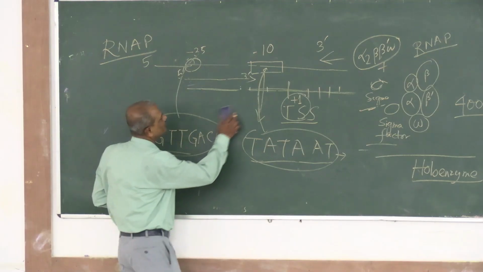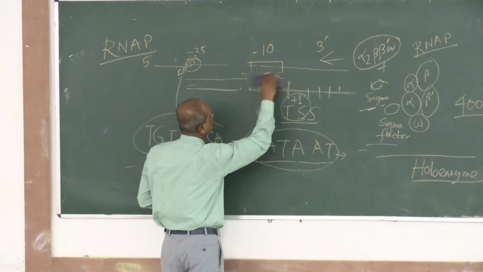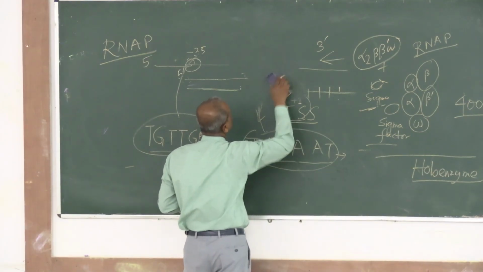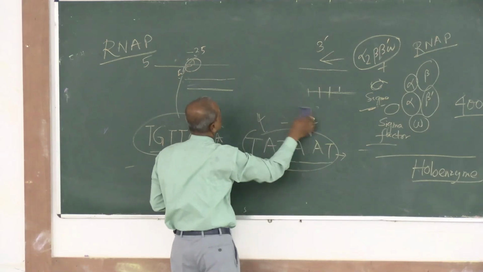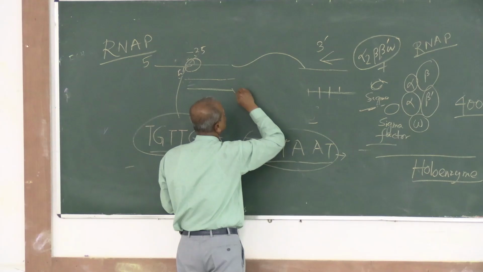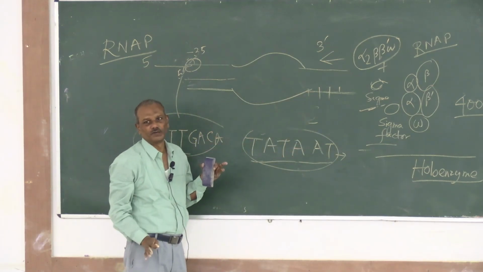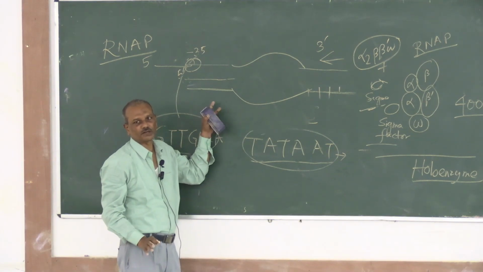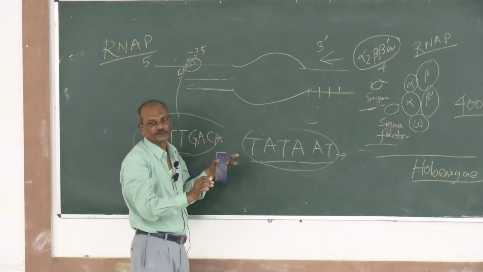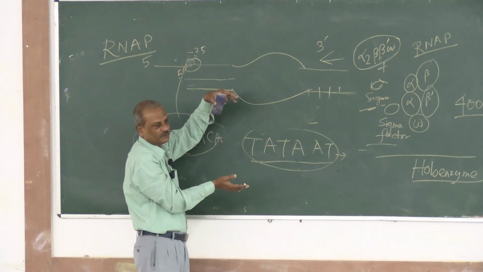It forms a bubble-like structure, just like a replication bubble, a transcription bubble, because the DNA has to be separated somehow. This is called an open complex, meaning the closed structure is now a little bit open.